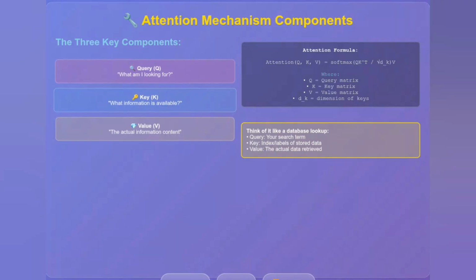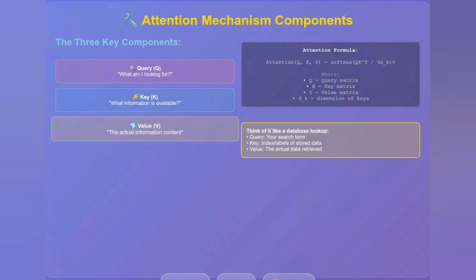Second, key. These are like the index labels in a database. They represent what information is available. Each position in the sequence has a key that describes what kind of information it contains. Third, value. This is the actual information content, like the data stored in your database.